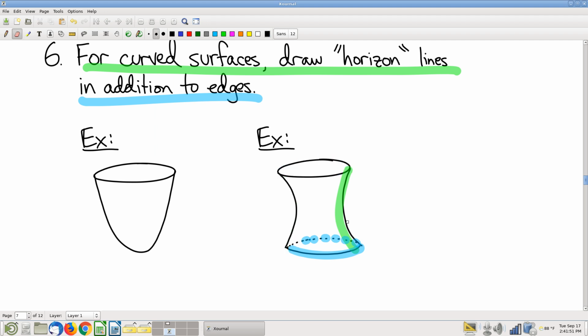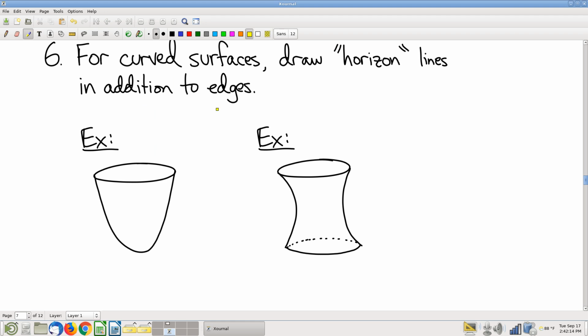All right, notice that this edge is sort of behind this part of the surface. And so again, I'm drawing it as dotted to indicate the fact that it's somewhat obscured, and thus helping you realize that this is in the back of the surface.